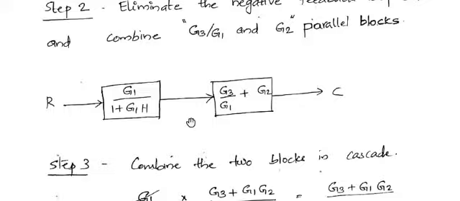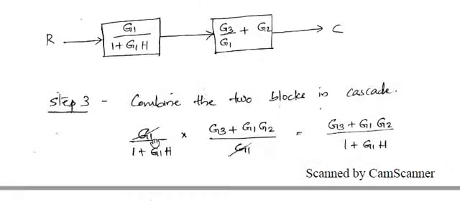So the gain of that single block would be G1 by 1 plus G1H into G3 by G1 plus G2. We have to simplify that, using the LCM, so this becomes G3 plus G1G2 by G1. When we multiply these two terms, G1 gets cancelled, and what remains is G3 plus G1G2 by 1 plus G1H.